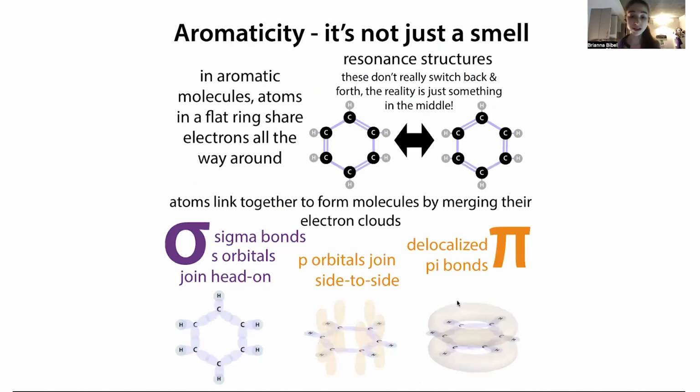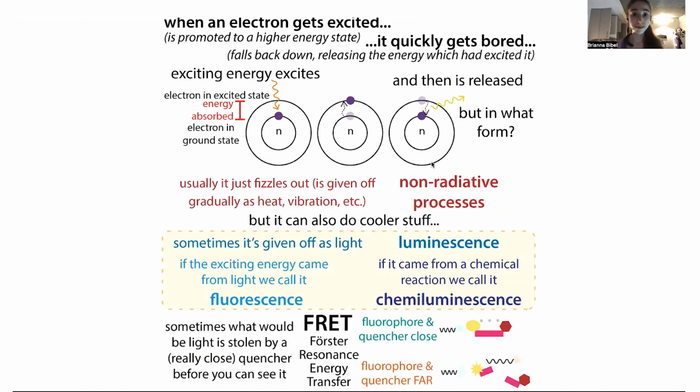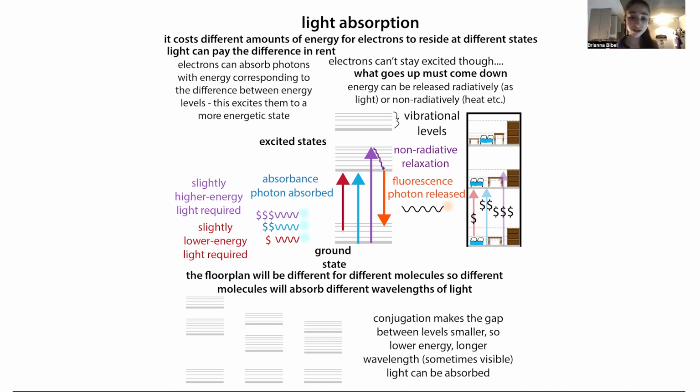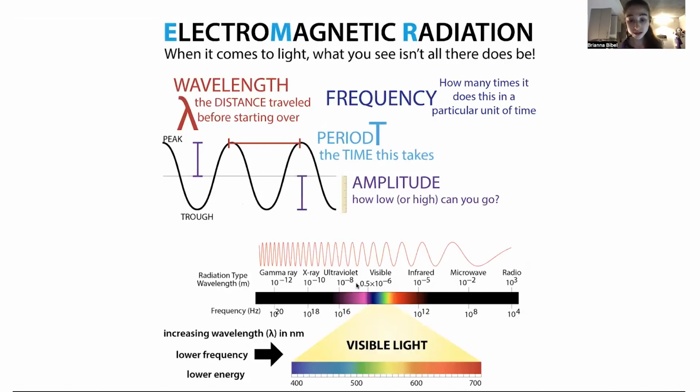Basically, it is going to lower the cost that it takes to get to an excited state. And for this reason, it's going to lower this amount of energy, and it's going to make it more likely that light in the visible range will be absorbed.